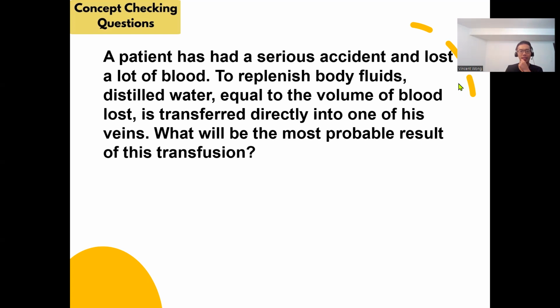What will be the most probable result of this transfusion? Poor guy's bleeding out, and you're like, all right, looks like he lost a liter of blood. Let's give him a liter of water. Is that going to help him? Is that going to make him feel better?